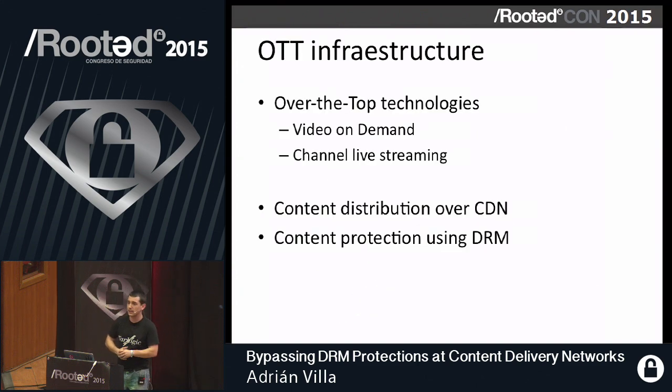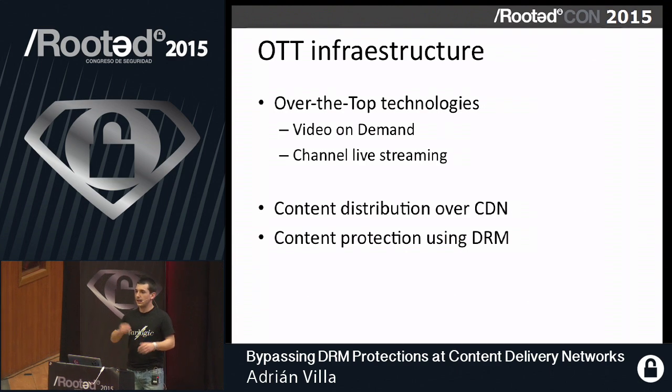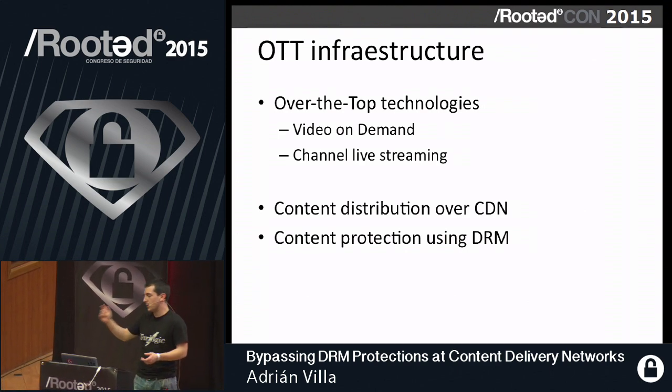All right, what is an OTT infrastructure? These are infrastructures that allow us to distribute multimedia content, whether audio or video, on the internet to the subscribed clients. It is divided in two groups: video on demand, for instance Spotify or Netflix, where you can watch your series and movies when you want.